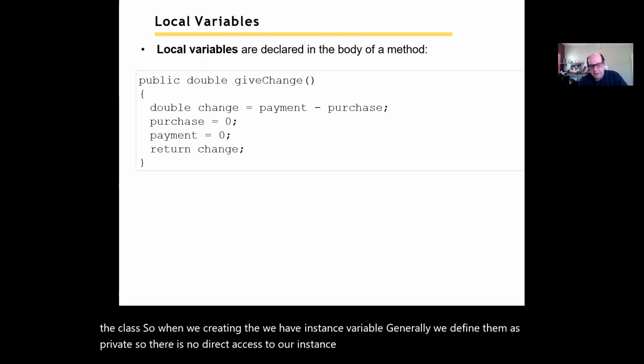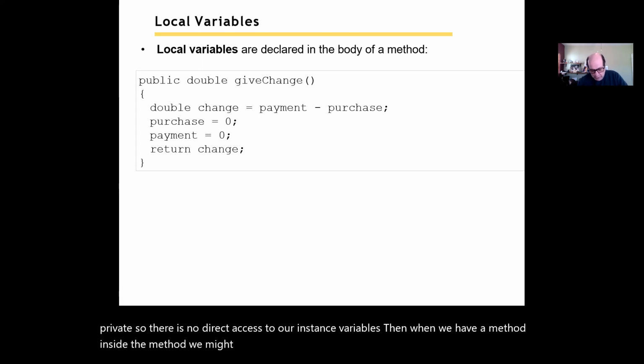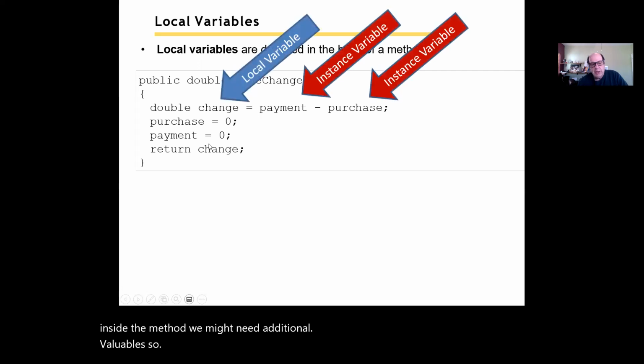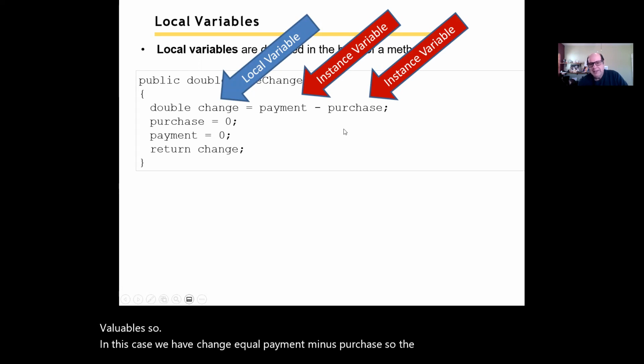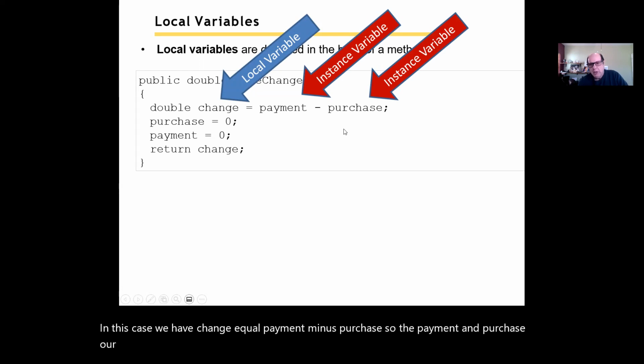Then when we have a method, inside the method we might need additional variables. So in this case, we have change equal to payment minus purchase. The payment and purchase are instance variables, and the change is a local variable.